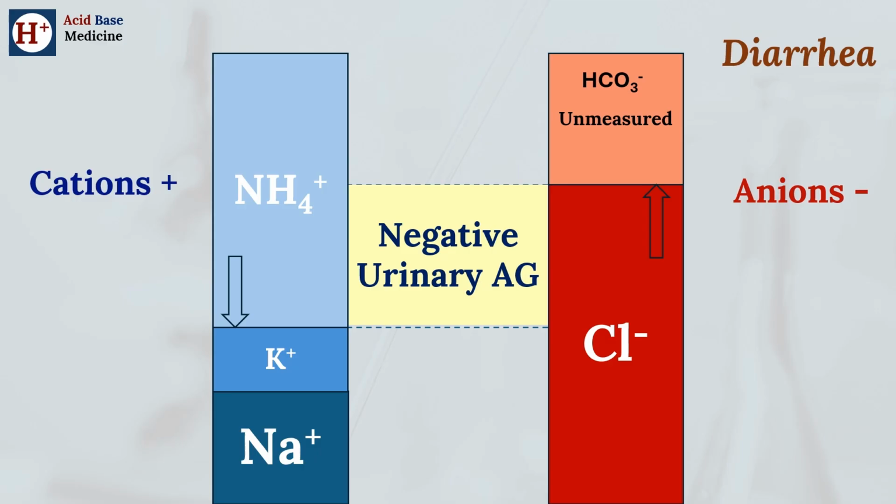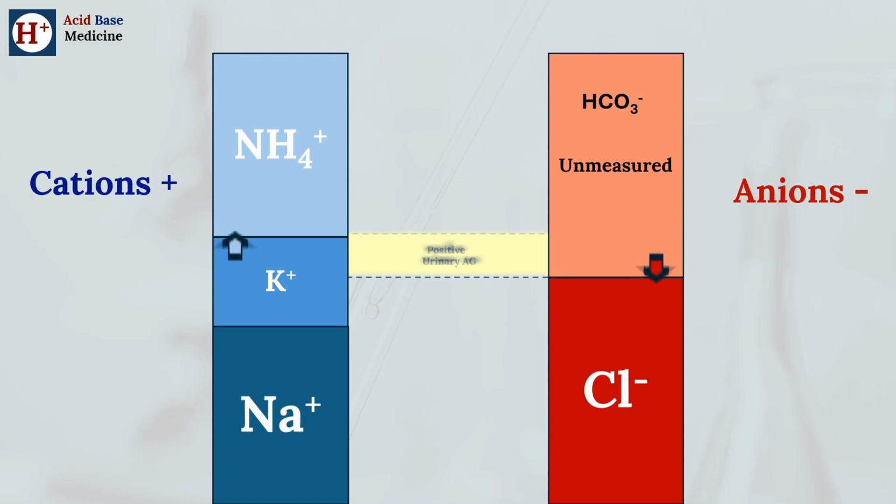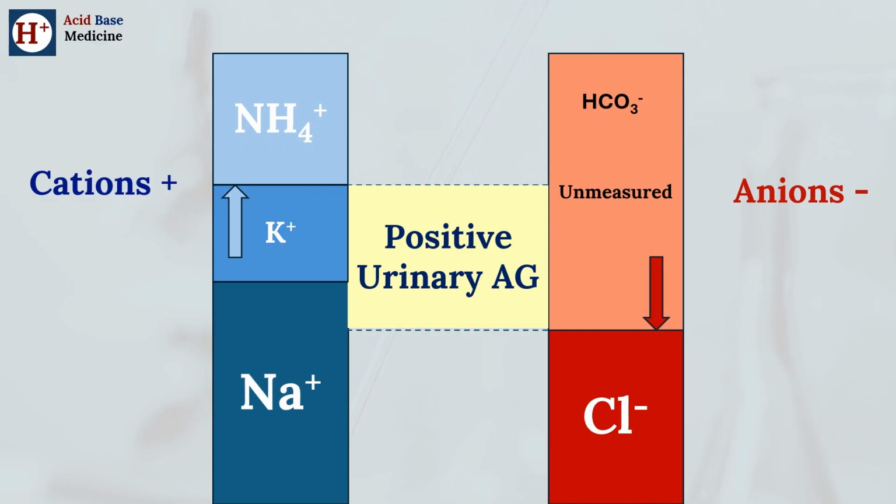Conversely, positive urinary anion gap indicates impaired renal ammonium excretion, which corresponds to a decrease in chloride excretion, suggesting a renal cause such as distal RTA, hypoaldosteronism, or early renal failure.